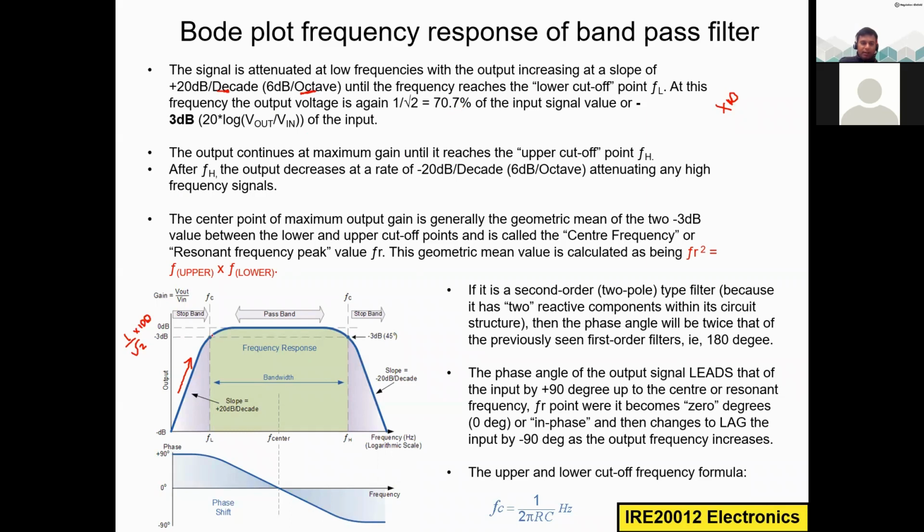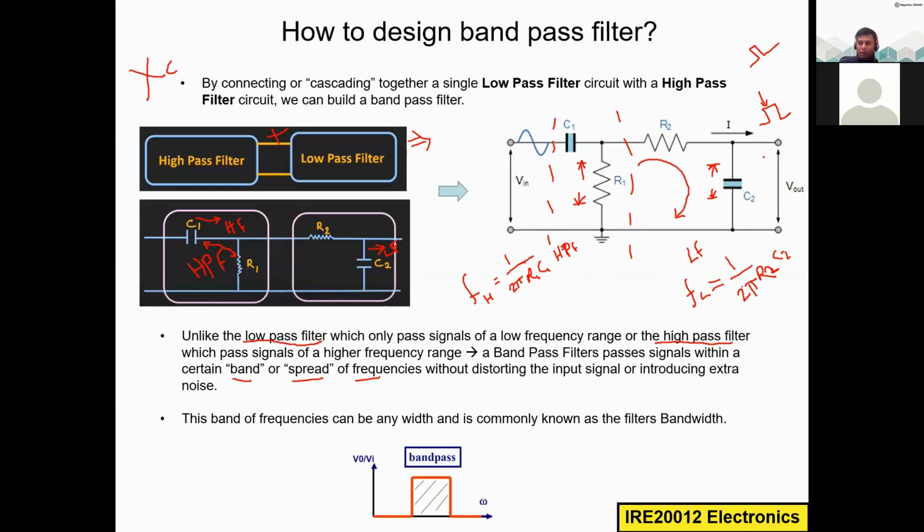At this level, the frequency response rapidly changes and it becomes flat. So this is the maximum output. This is what we want at the output of the filter. We want only this flat maximum output.